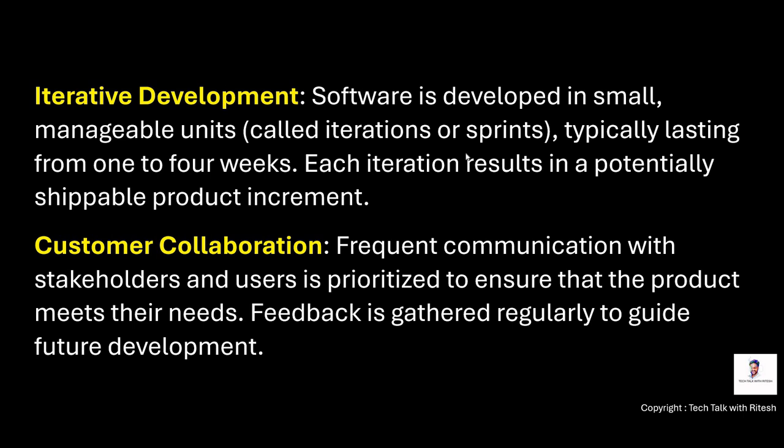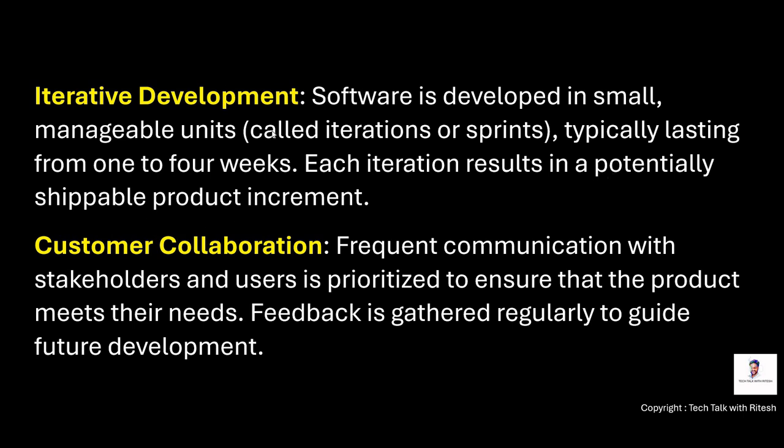Software is developed in small manageable units called iterations or sprints, typically lasting from 1 to 4 weeks. And in an ideal scenario, a sprint is usually of 1 or 2 weeks, preferably. If it is a 4 week sprint, then it might not give you that agile flavor. Each iteration results in a potentially shippable product increment.